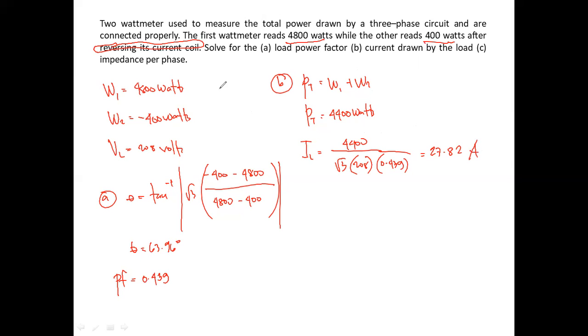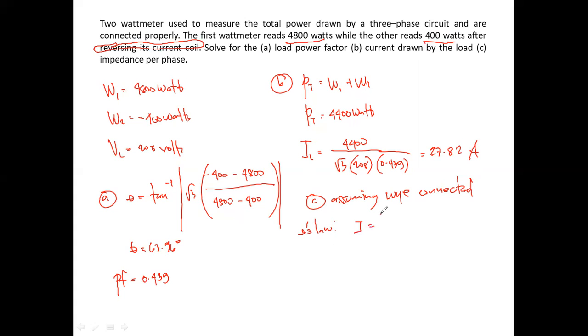So let's say letter C. Assuming this is Y connected, we can calculate the impedance. So Z then is equal to... we can calculate the impedance using Ohm's law. So this is another way to calculate the impedance.